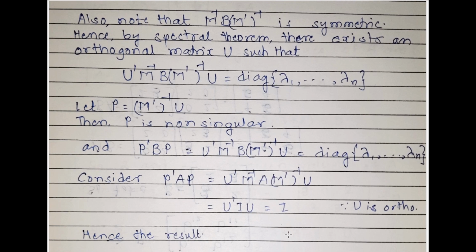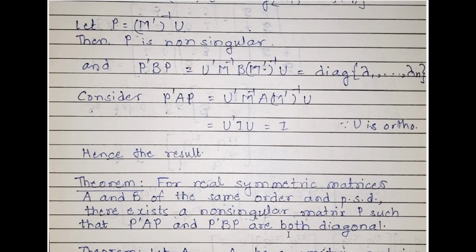Now the immediate question that arises in the mind is, can we extend this idea to multiple matrices? What I mean is, can we consider a diagonalization of a bunch or a collection or a set of matrices? So let us see if it is possible.